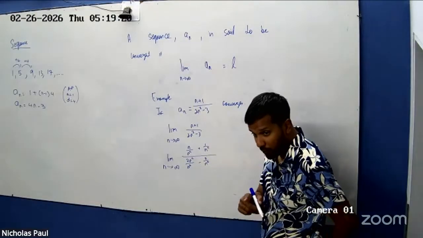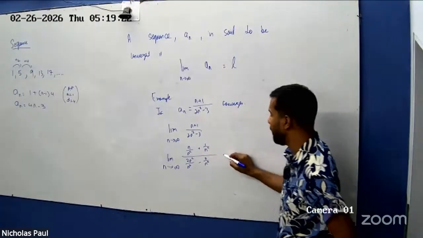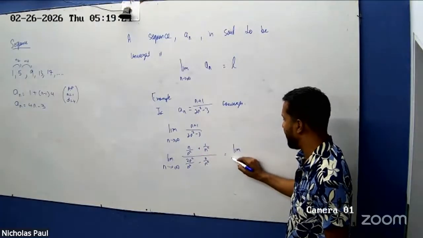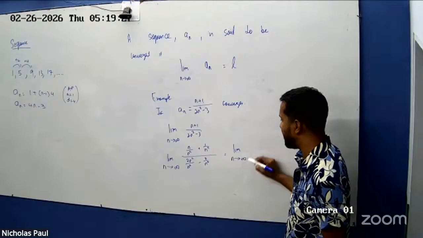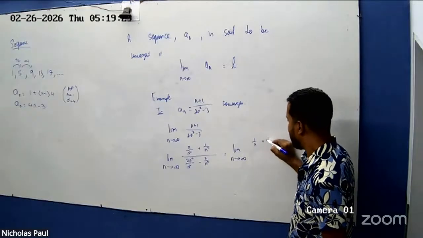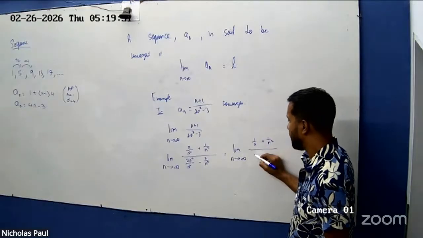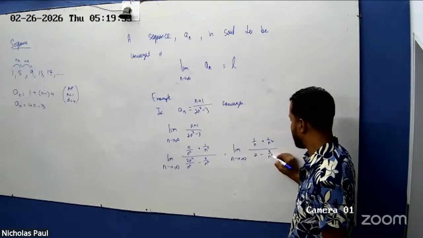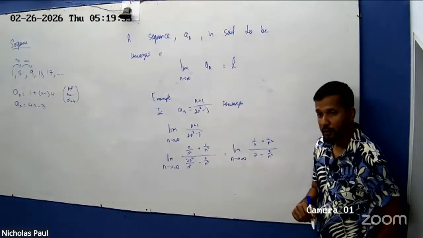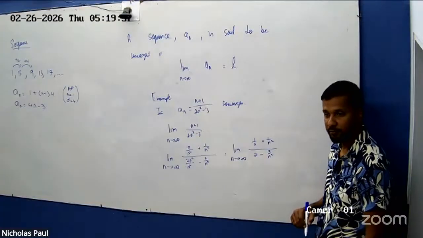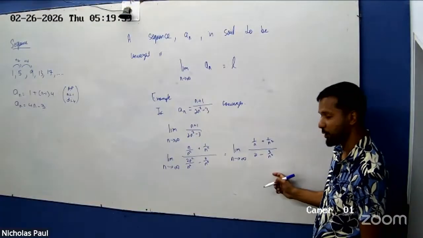Yeah? So what will happen here? We will end up with the limit as n approaches infinity of 1 on n plus 1 on n squared over 2 minus 3 on n squared. What do you do after?